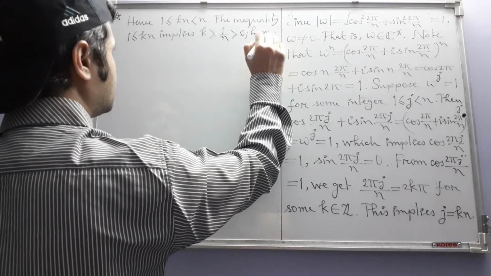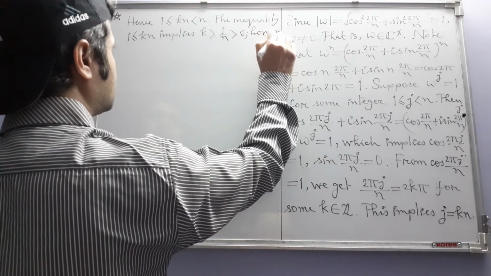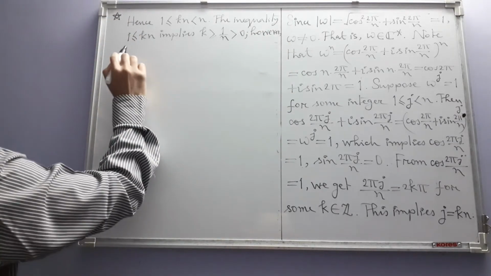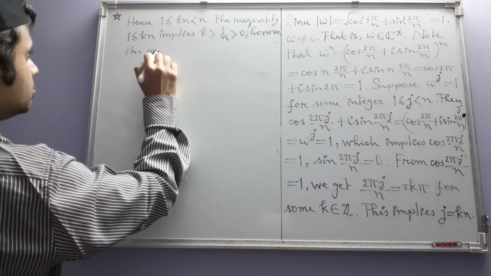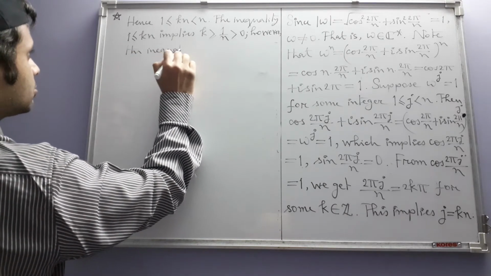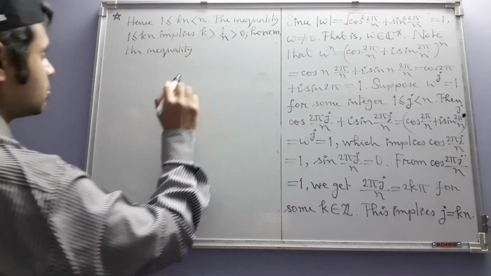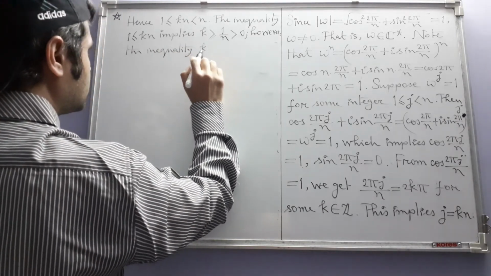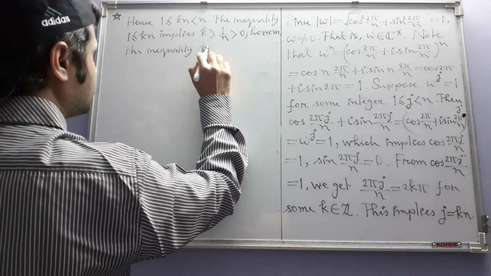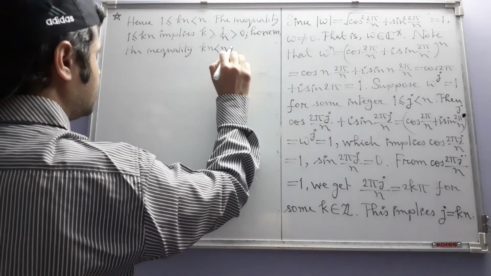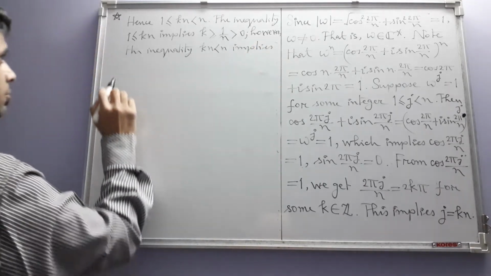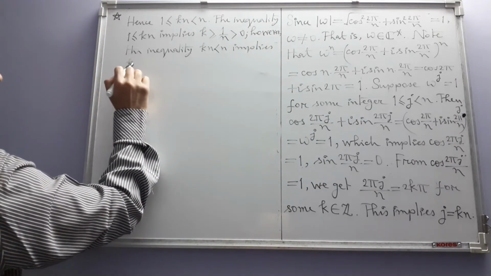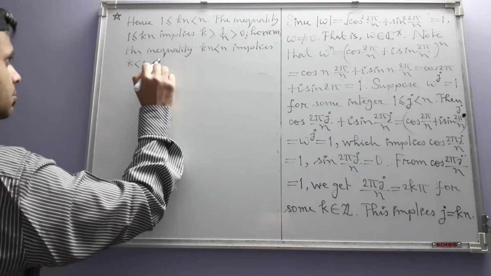However, the inequality kn less than n implies that k is less than 1.